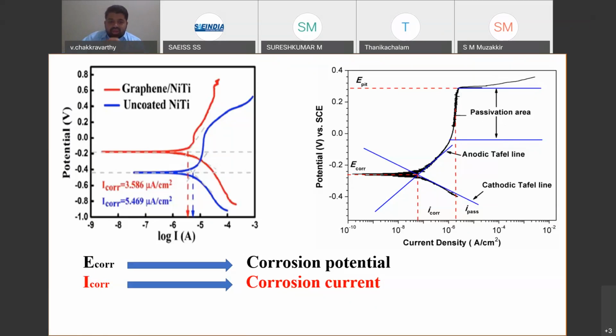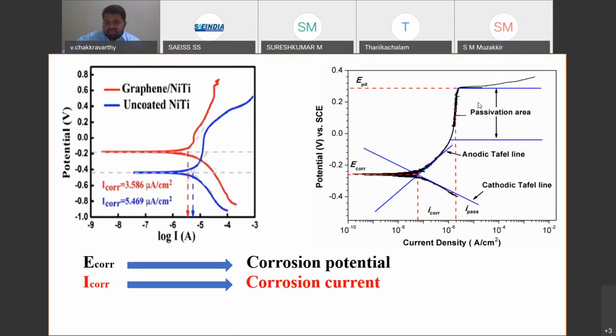For example, as I told earlier, if a material is getting corroded, then it will be losing a lot of free electrons, which will come in terms of bubbles. If all the bubbles are completely exhausted, then some small holes will be formed in your sample, which is called passivation or pitting.